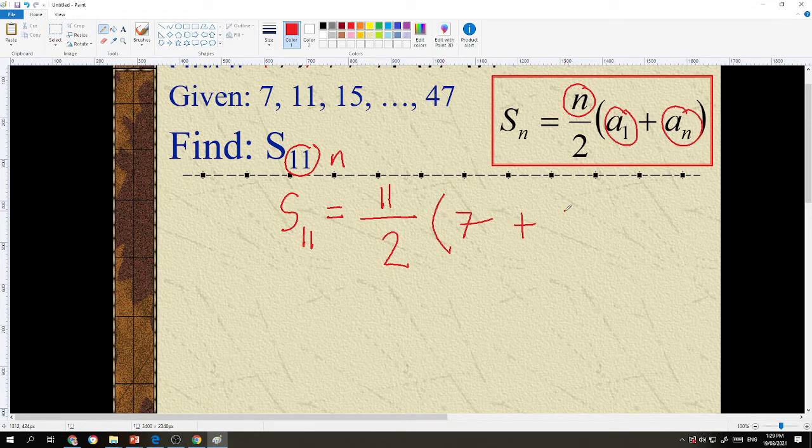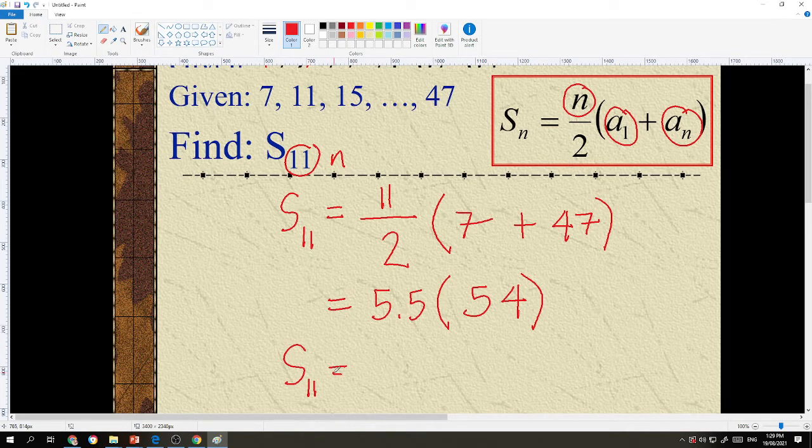Okay, simple jud kaayo ning formula number 1. What is 11 divided by 2? 5.5. 7 plus 47. 54. What is 54 times 5.5?